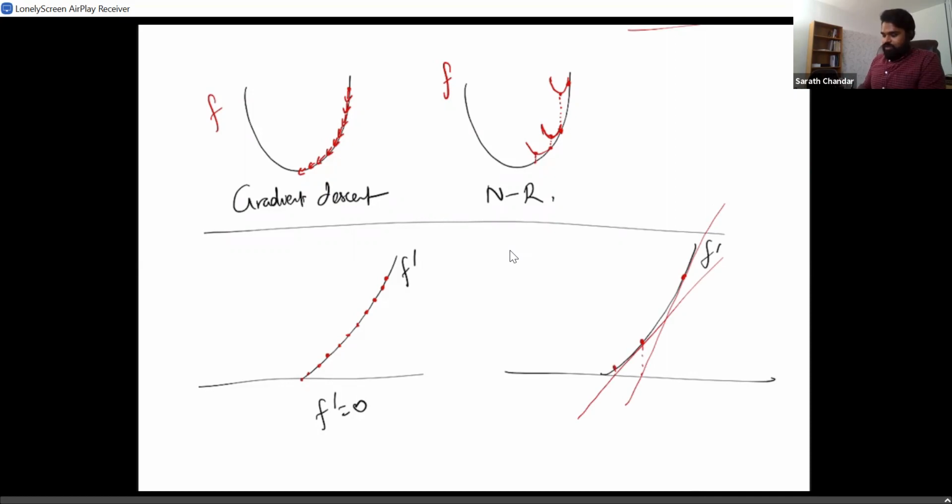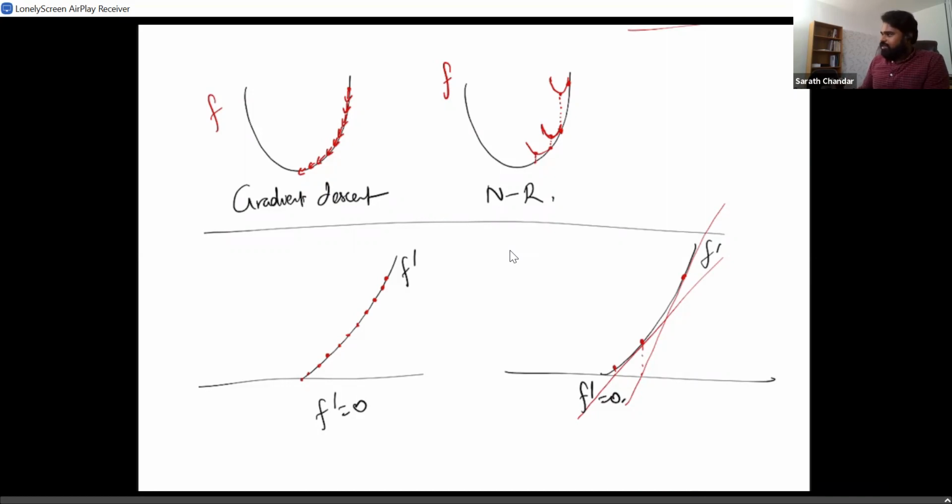Finally, it will also reach f dash equal to 0. Is that clear? Do you see the difference between Newton-Raphson and gradient descent? Guy, I think that is what I explained in the second view.